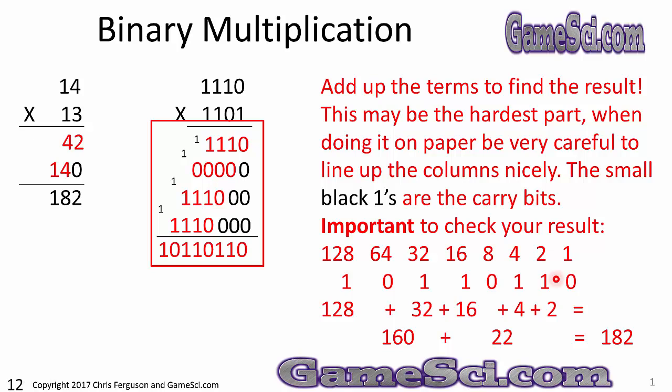Wherever there is a 1 in the binary number, write down the appropriate power of 2. 128 plus 32 is 160. 16 plus 4 plus 2 is 22. 160 plus 22 is 182. It matches my decimal result. I did the binary unsigned multiplication correctly.